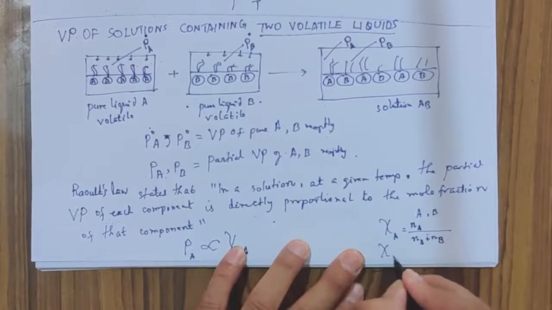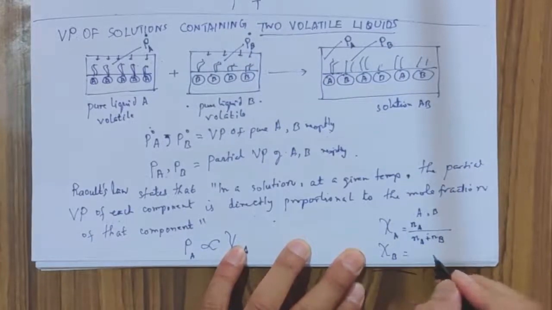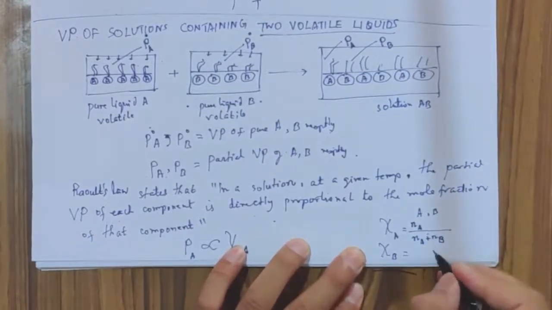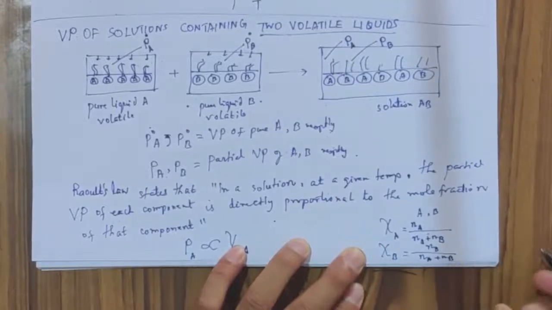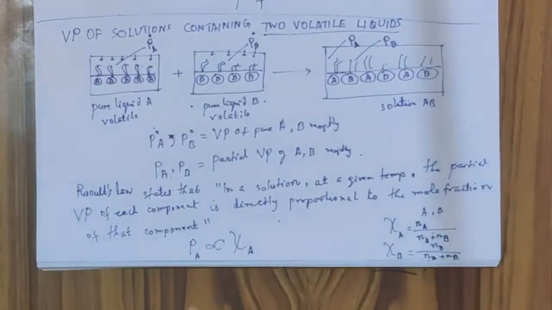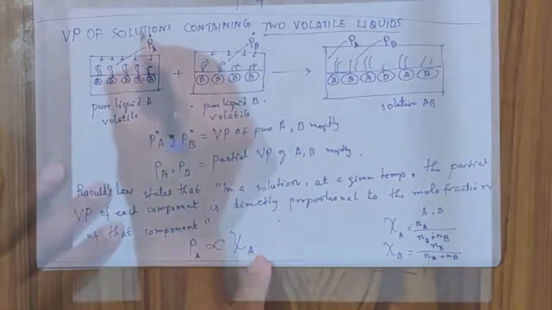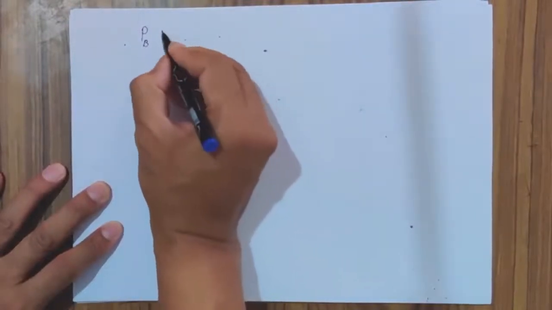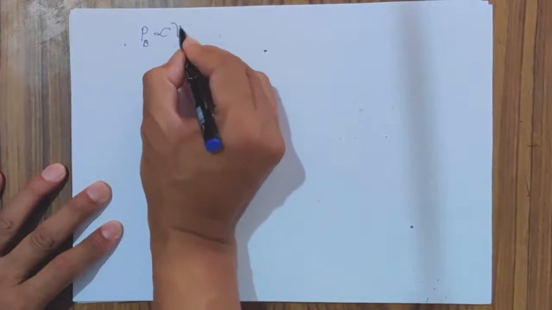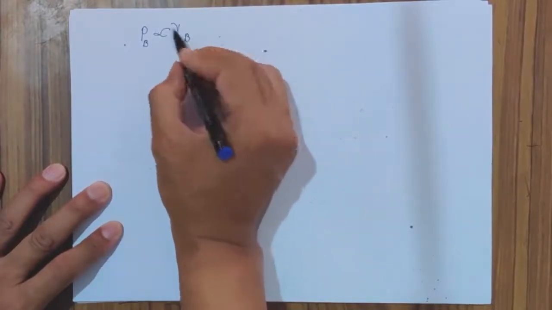Mole fraction of B is the number of moles of B divided by Na plus Nb. So the partial pressure of B is directly proportional to its mole fraction.